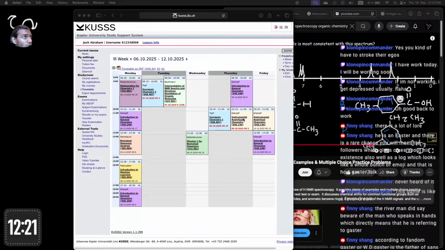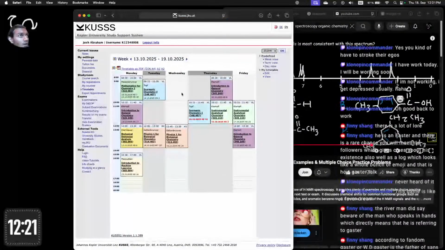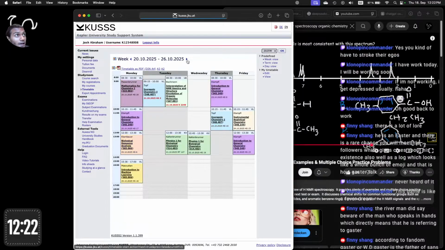Inorganic Chemistry, Instrumental Analytical Chemistry. I'm going to be attending Instrumental Analytical Chemistry, Introduction to General Chemistry. I registered for this for the exam. Inorganic Chemistry just for the exam. Interpretation, that's a really important class. Math 1, that's for the exam. I just need to pass the exam. Sequence analysis. Where is the Ubunks? That's the more important ones. Physics, that's for the exam, not for the classes. But I could still attend the classes.